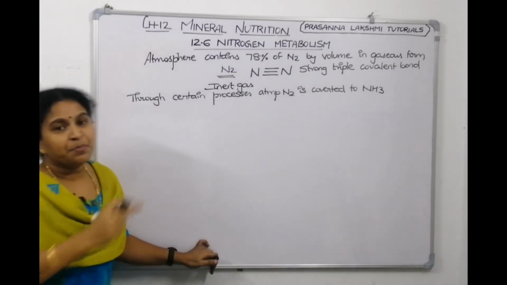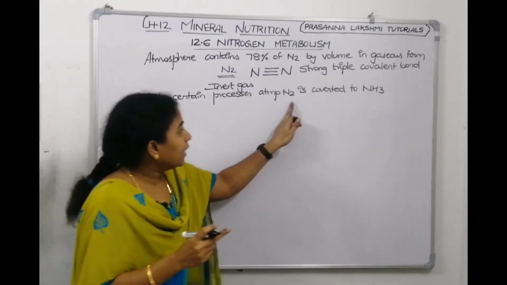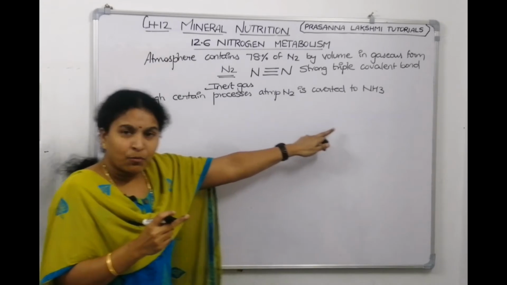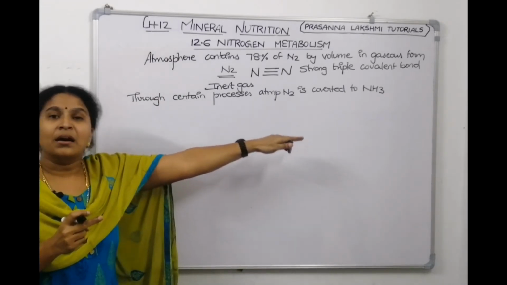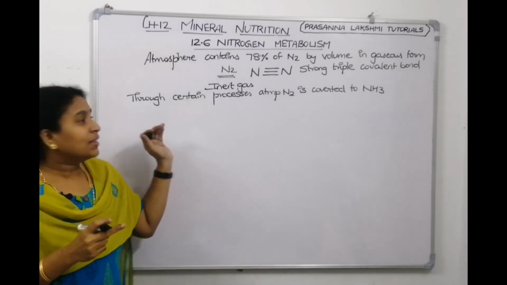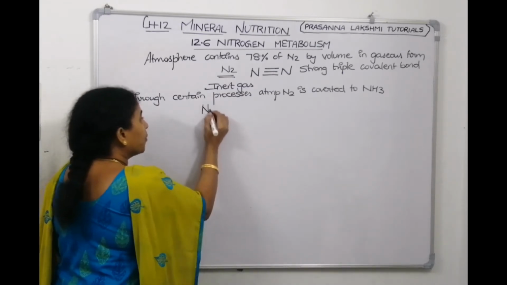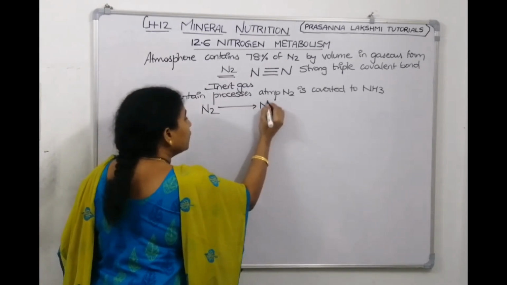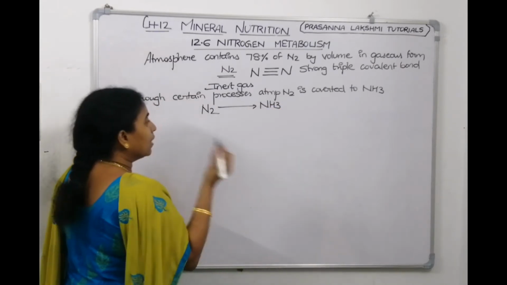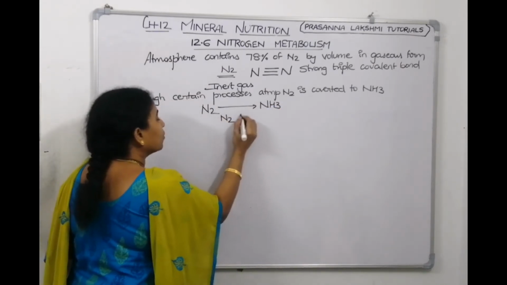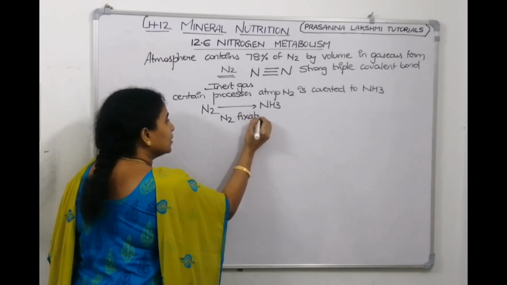With the help of certain processes, atmospheric N2 is converted to ammonia and ammonia is used by the plant. And the process of conversion of N2 to ammonia, what is it called? Nitrogen fixation.